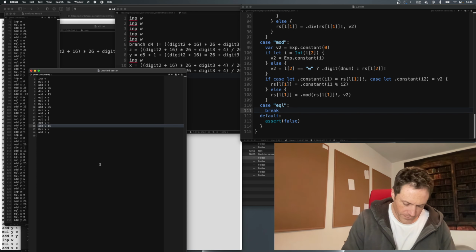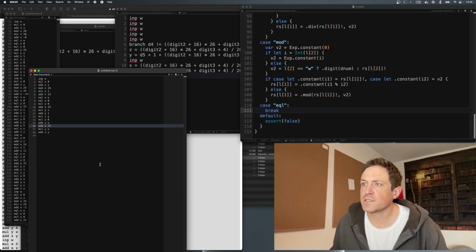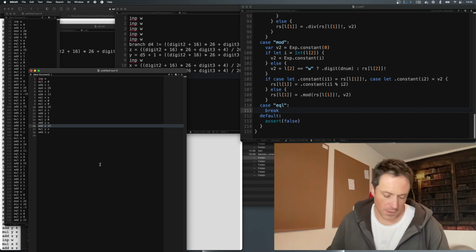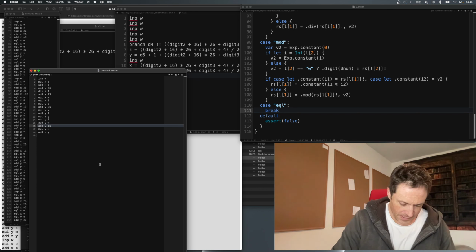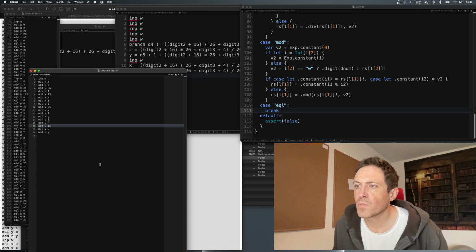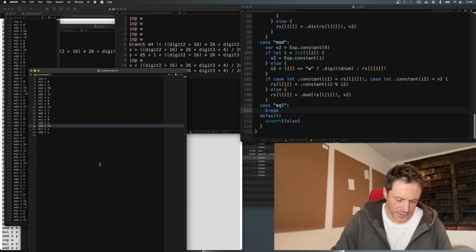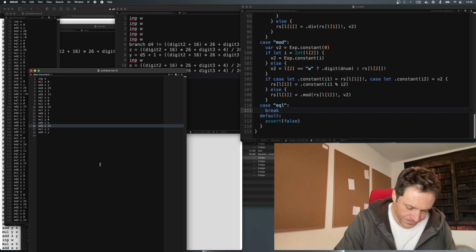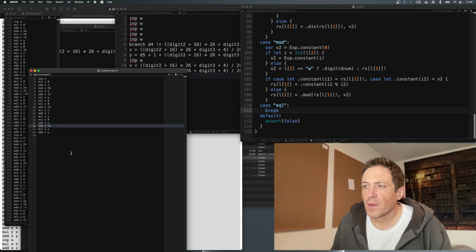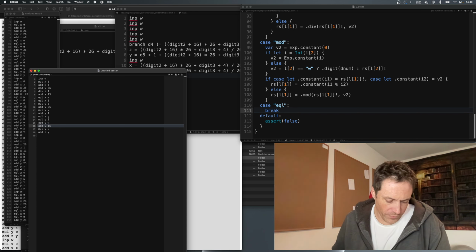Again, we divide z by 26 this time. X gets negative 10. Everything else looks the same, and y is plus 15. So 1, 2, 3, 4, 5, 6.